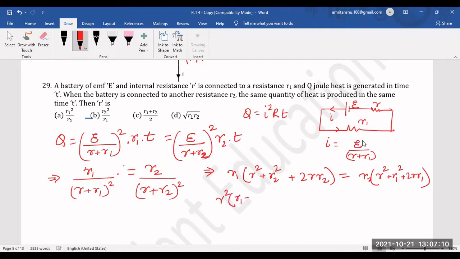Let's say R1 minus R2. And if I just take this 2R R1 R2 and 2R, I think this term cancels with this term.